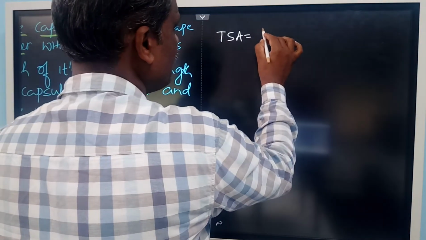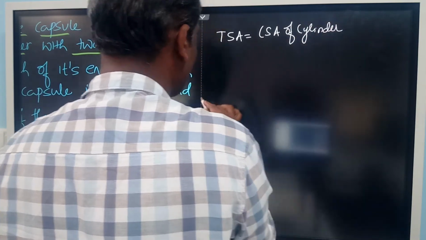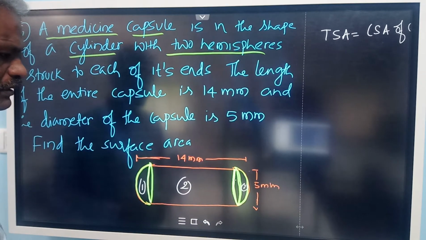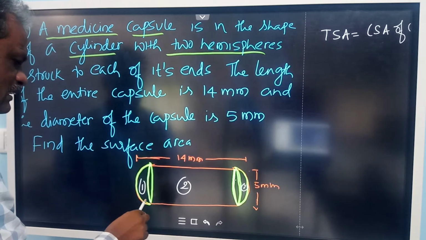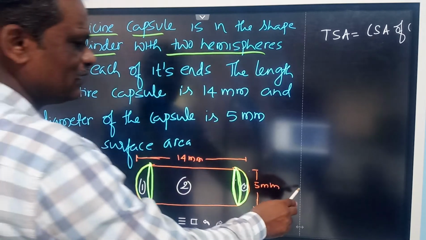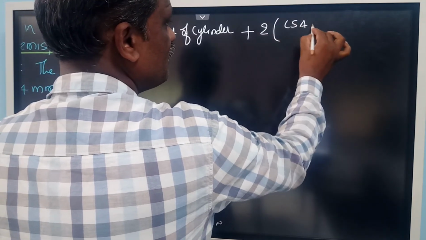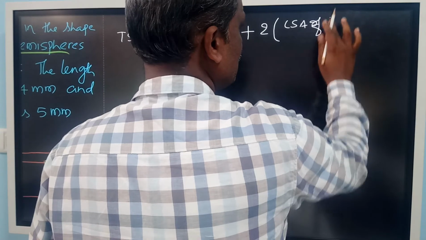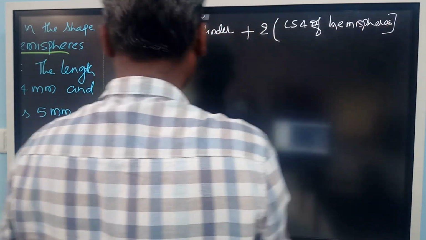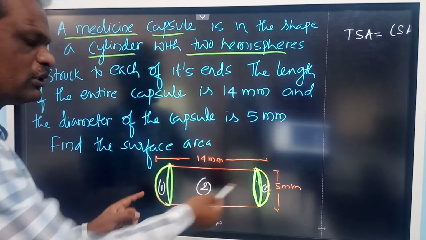The formula changes according to the diagram. Only consider the curved surface area of the cylinder, then add the curved surface area of the hemispheres on either side. So plus 2 times the curved surface area of a hemisphere. Both hemispheres are congruent.